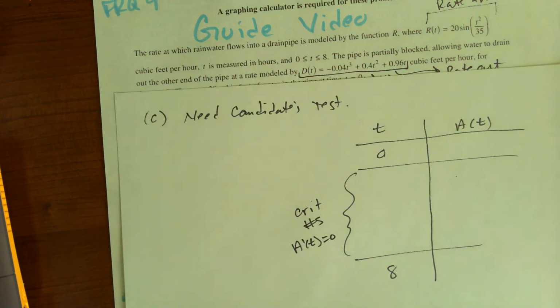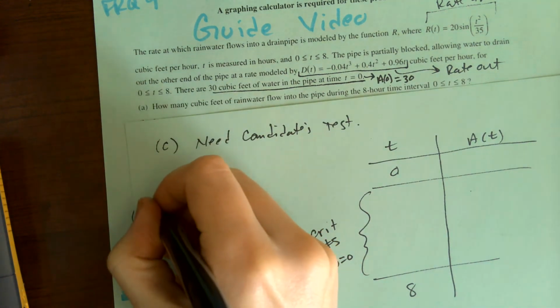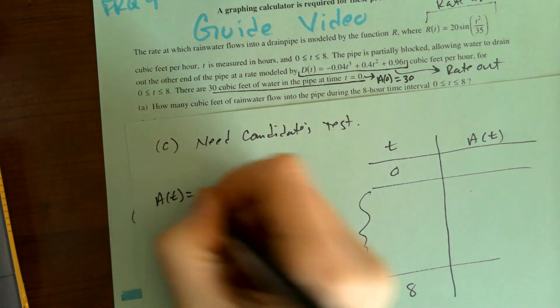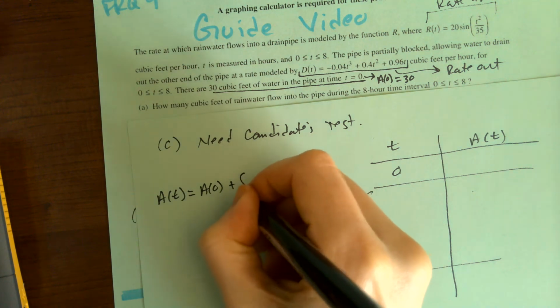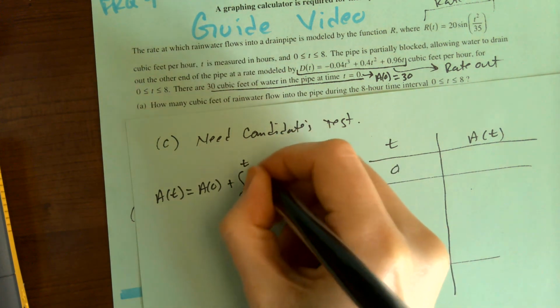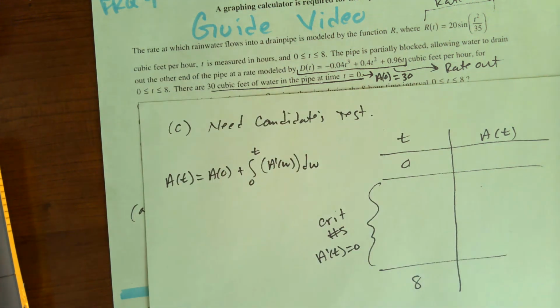Now off to the side, let me define A of T. A of T is going to be A of 0, because I know that, plus the integral from 0 to T of A prime of W dW.